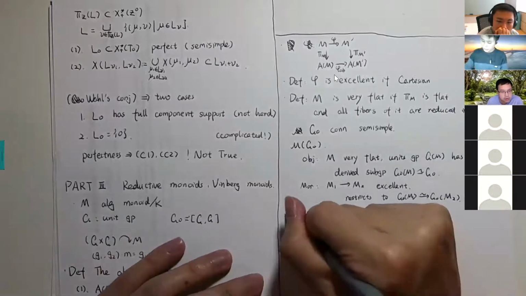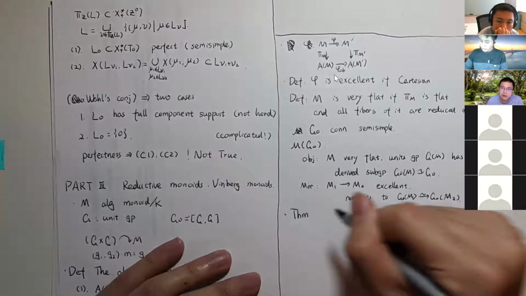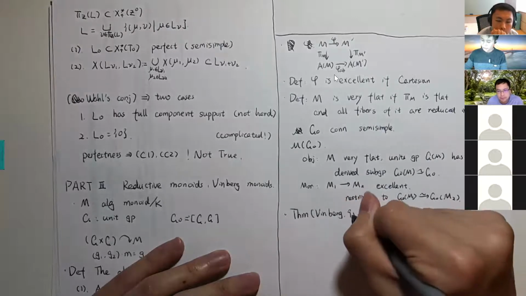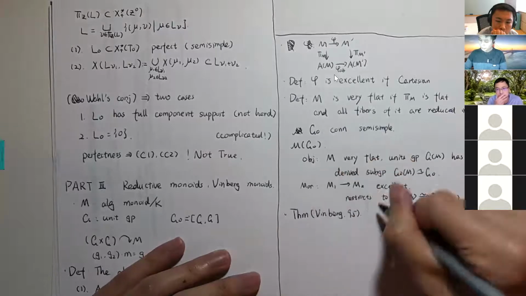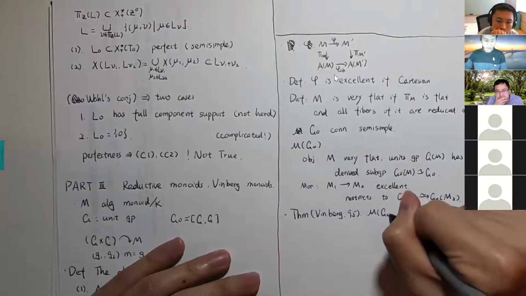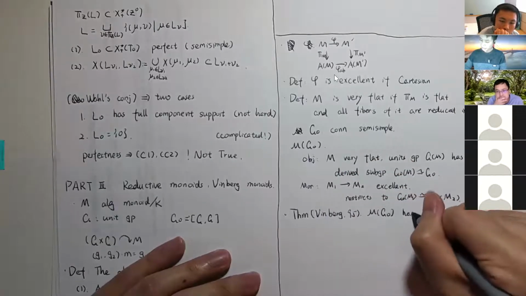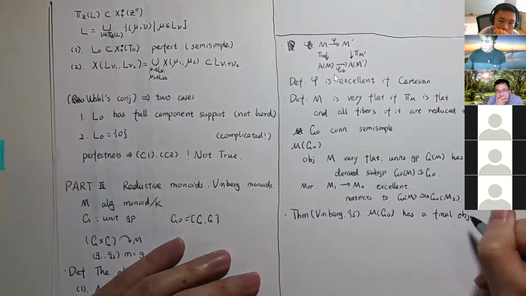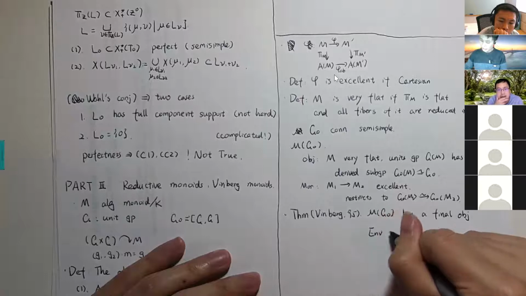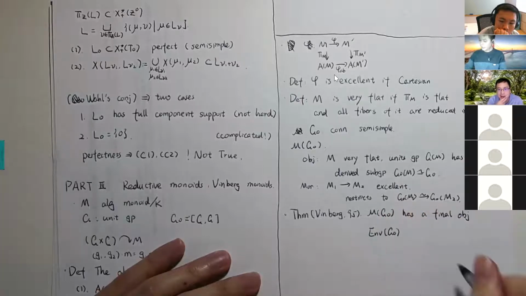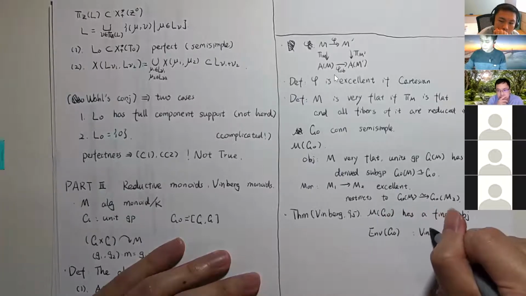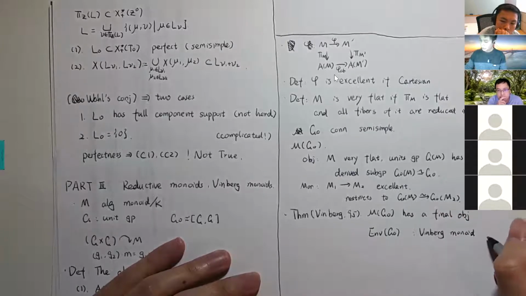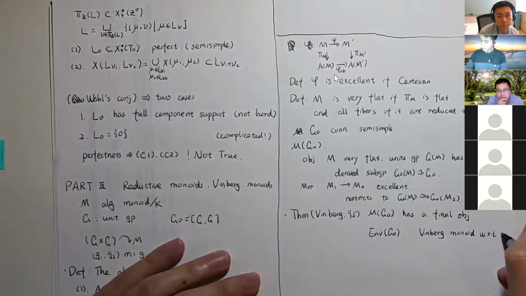And this is the theorem of Vinberg. Vinberg showed that this category M G0 has a final object, denoted by M G0. And this is the Vinberg monoid with respect to G0.